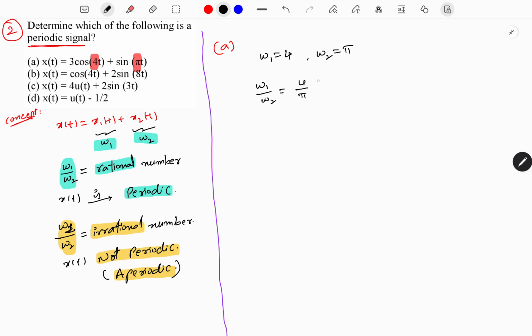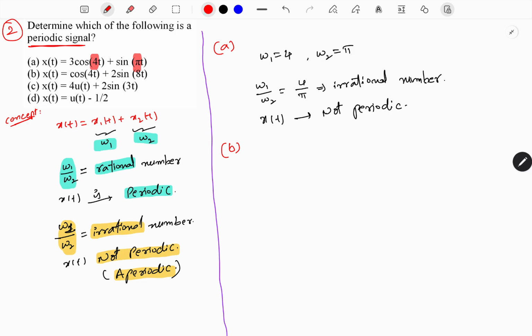It is not a rational number, it is an irrational number. So the given signal in option A, x of t, is not a periodic signal.